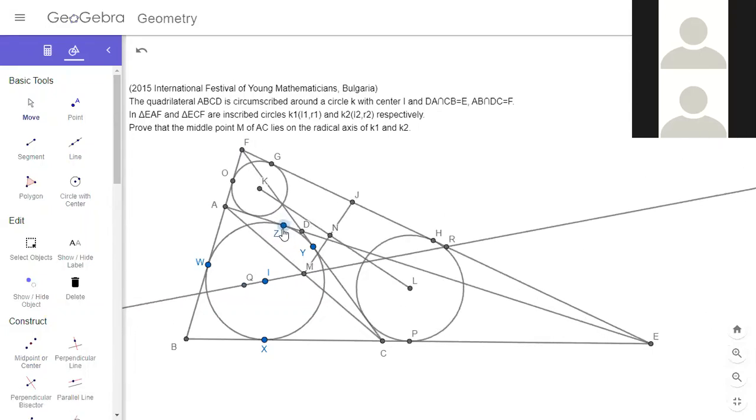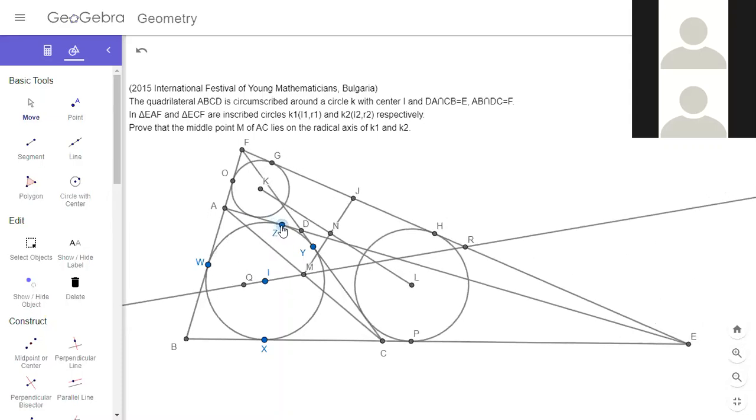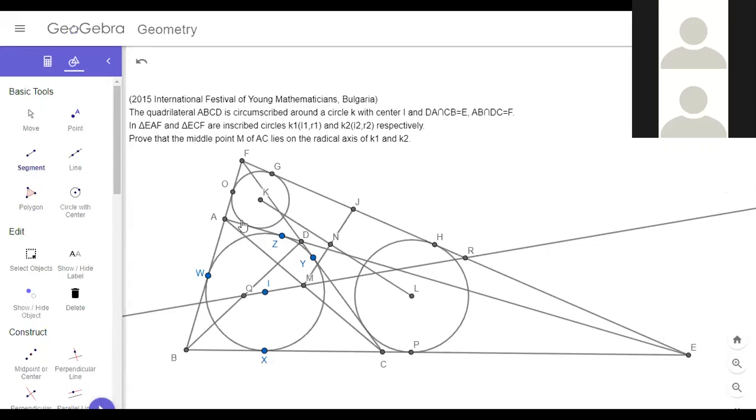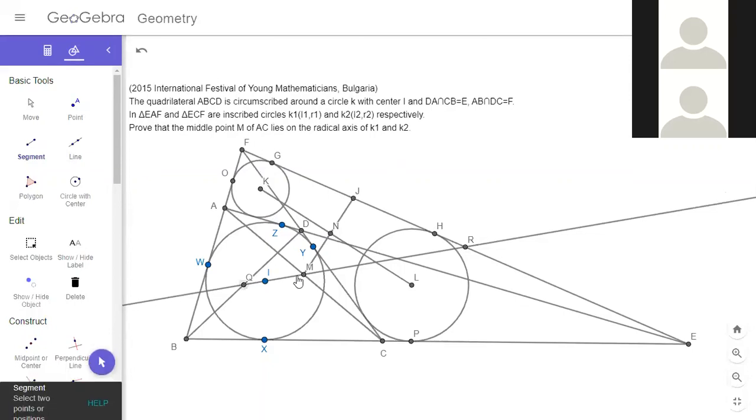Oh yeah, it does pass through I if it's a circumscribed quadrilateral. That's right. So that's Newton's theorem. I forgot about that. So these three, Q, M, and R, are always collinear regardless of the quadrilateral. But if it's a circumscribed quadrilateral, then it will also be collinear with the center of that circle. Yeah, so that's kind of cool. I could just draw that for the heck of it.